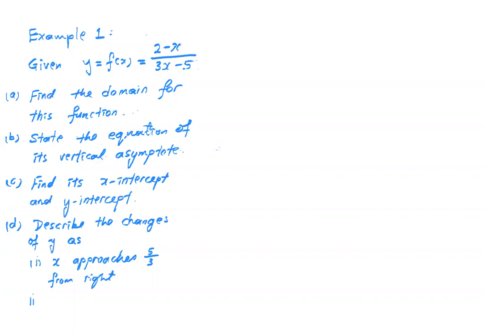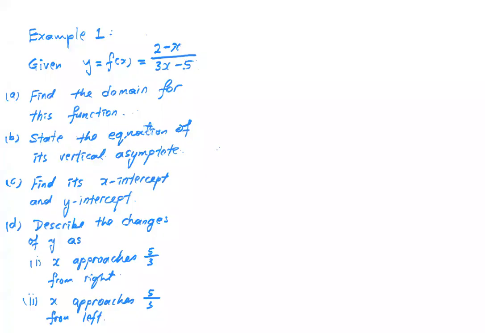Part 2, x approaches 5 over 3 from left. So there is one very different from natural log. Natural log only from one direction because the domain is greater than. Are you okay? So can you try your best to do in 5 minutes?